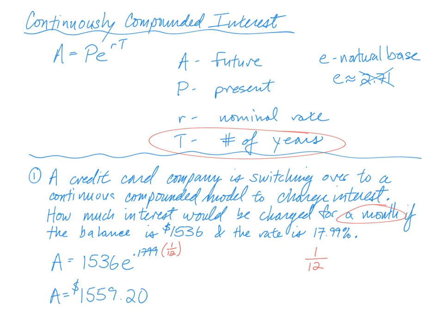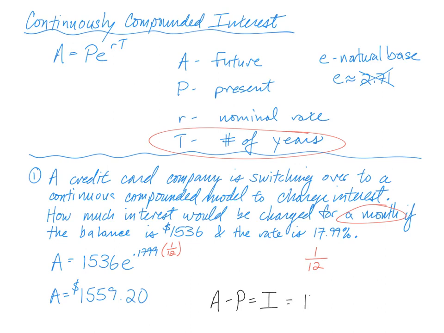How would we figure out what the interest would be? Well, in addition to finding the A, we would also have to subtract P from A. Right? The future amount minus the present amount is what gave us the interest for the entire period.